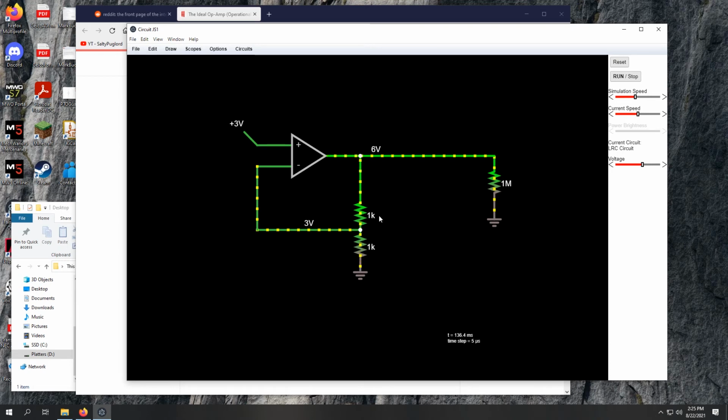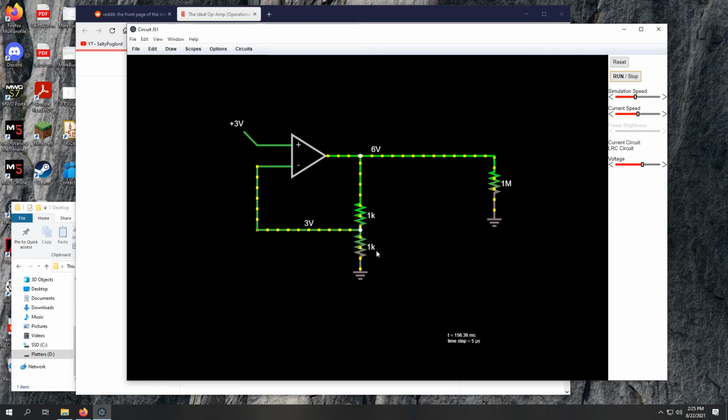For an ideal op-amp that can supply an infinite amount of voltage, either positive or negative, you can very easily change these resistors to change the amount of multiplication going on. Let's say I want to multiply this input voltage by a factor of 10. I would need to make a 10-to-1 voltage divider. So let's just do it.